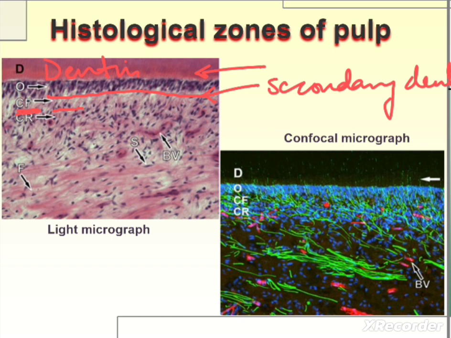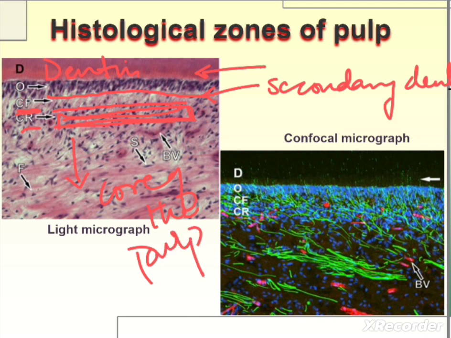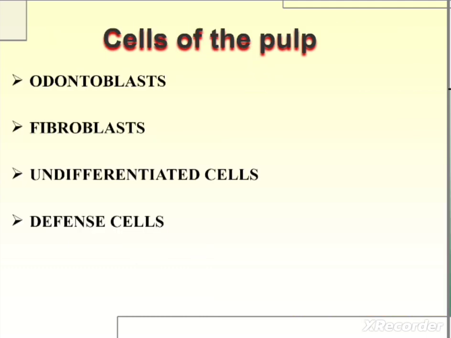Here fewer cells are present. Then again we have cell-rich zone. A lot of cells are present here. And here we have the core of the pulp. The various cells found in the pulp are odontoblastic cells, fibroblastic cells, undifferentiated mesenchymal cells, and defense cells.